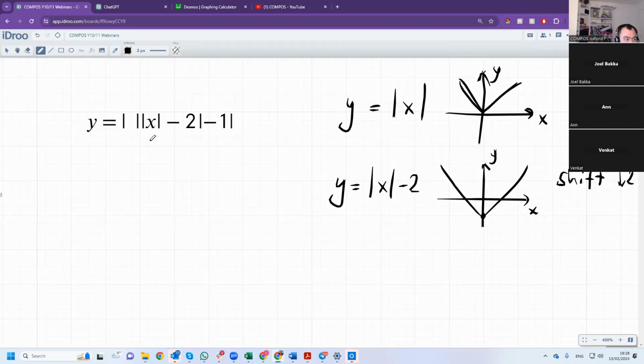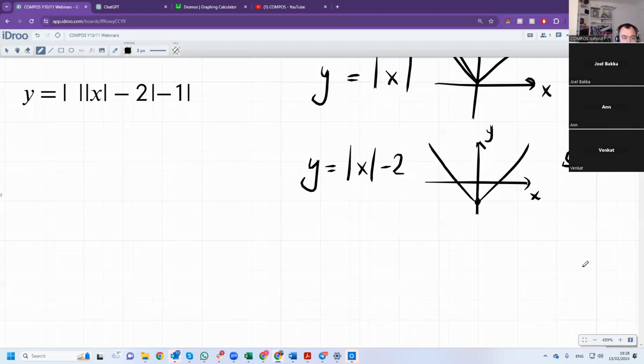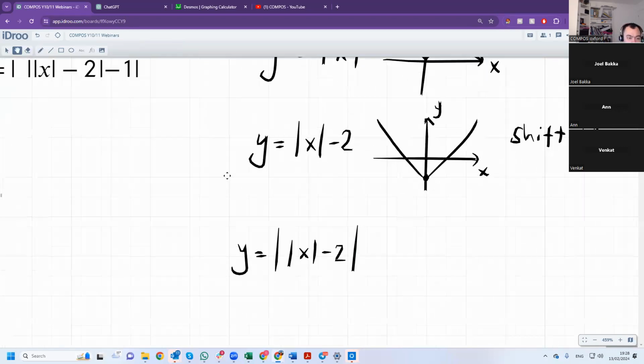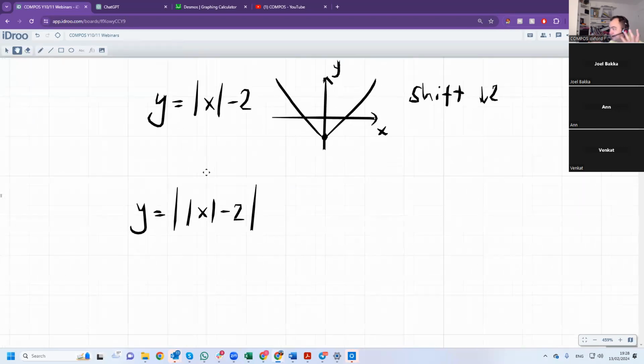Now, then there's a modulus. So modulus y equals modulus x minus 2. Now, what does the modulus do? Can somebody switch on the microphone and tell me what does the modulus do? In simple words, like if I was asking a kindergartner, somebody from the nursery.